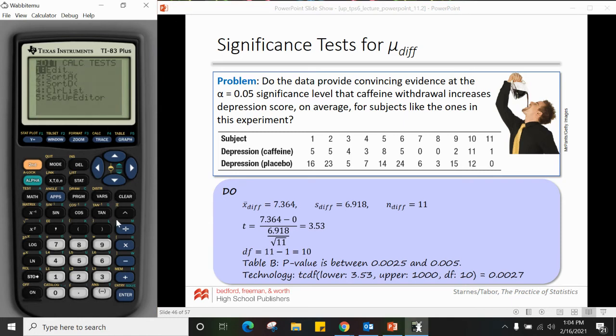You go into stat edit. Let's clear these data points. So I got 5, 5, 4, 3.